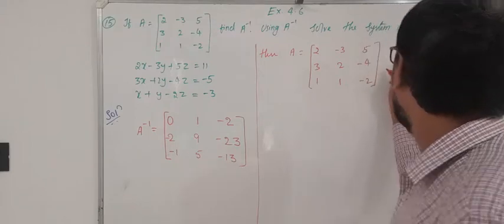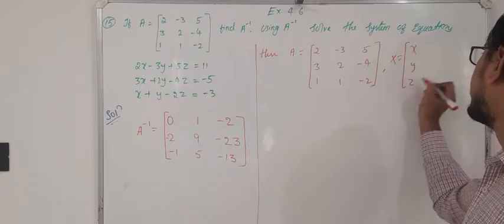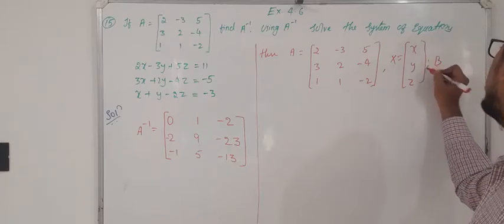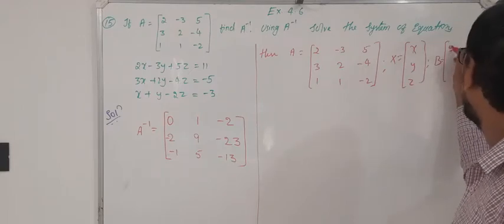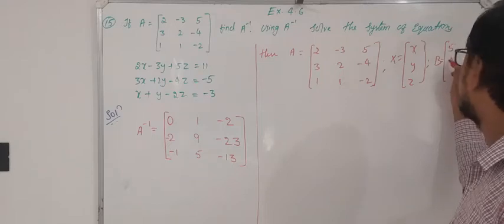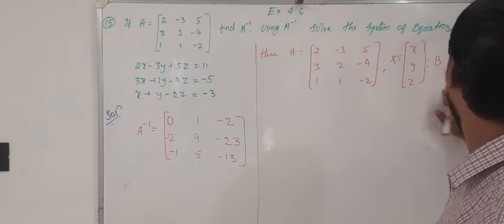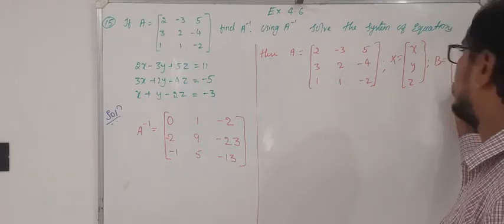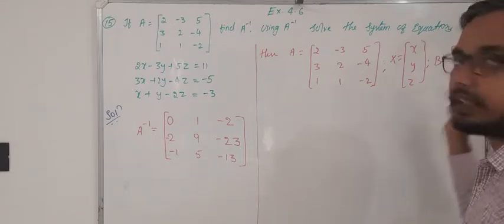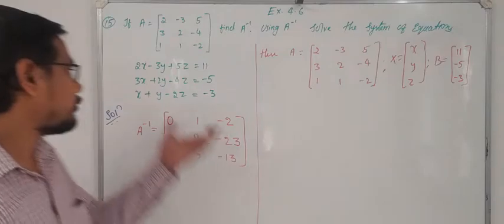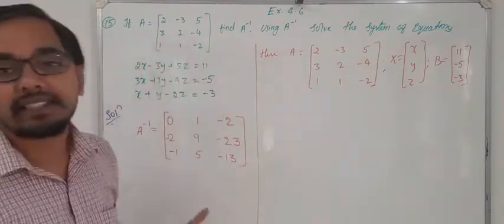This A, X is X, Y, Z, and B will be equal to 11, minus 5, minus 3, right? So A, X and B are taken from these equations. You can see this A and the given matrix A are one and the same.